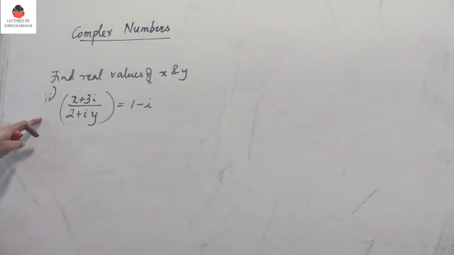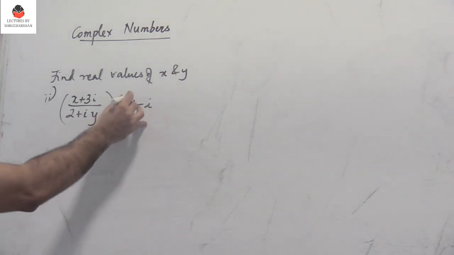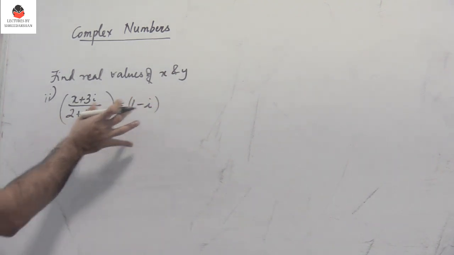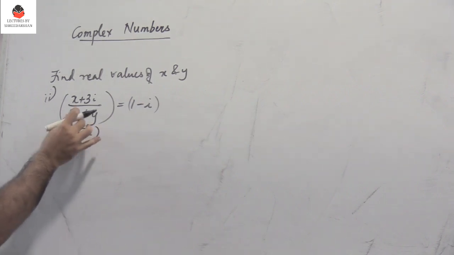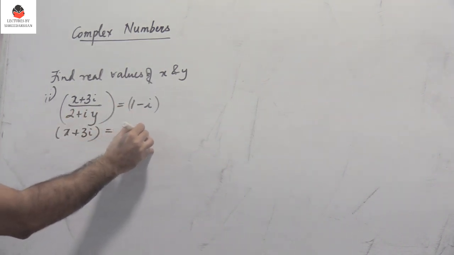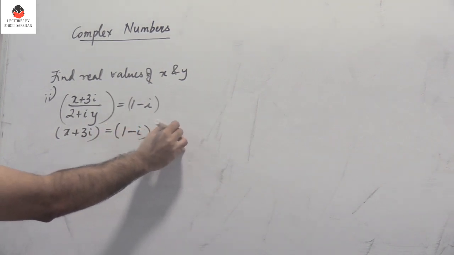So again here we need to find the value of x and y. So let me multiply the denominator with this expression. So I have x + 3i. So bringing the denominator here, I get (1 - i) into (2 + iy).